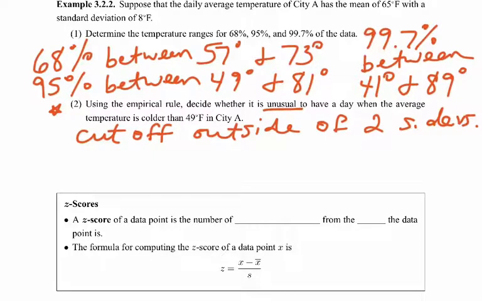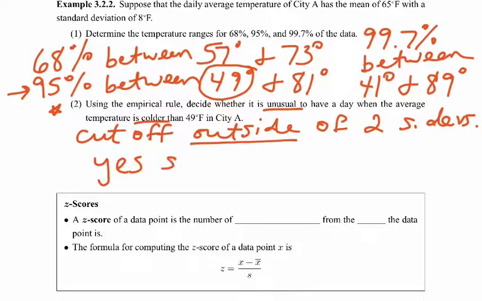So the question is, is 49 degrees unusual? Let's be careful how they phrase it. They said colder than 49 degrees. Since they said anything colder than 49 degrees, in other words, below 49 degrees, we're going to say yes. Where am I getting that from? Well, for 2 standard deviations, the lower bound was 49 degrees. So colder than that would be outside of those 2 standard deviations.